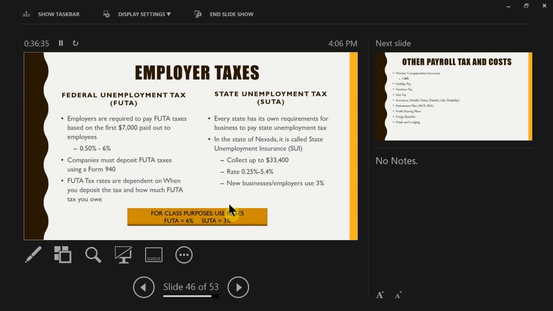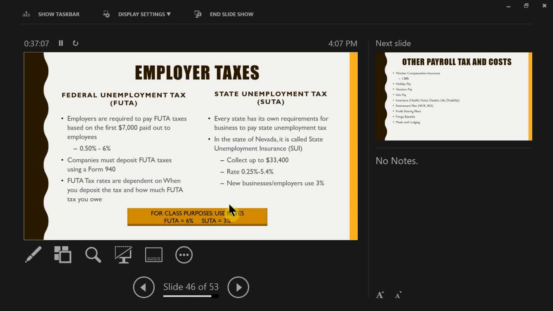And then, of course, we talk about state. Every state is going to have some kind of state unemployment tax, right? Depending on which state you belong to is going to determine it, and in this case, it's anywhere from 0.25% to 5.4%. Now, if you do your research, in the state of Nevada, any new form of business is going to automatically claim 3% of state unemployment tax.